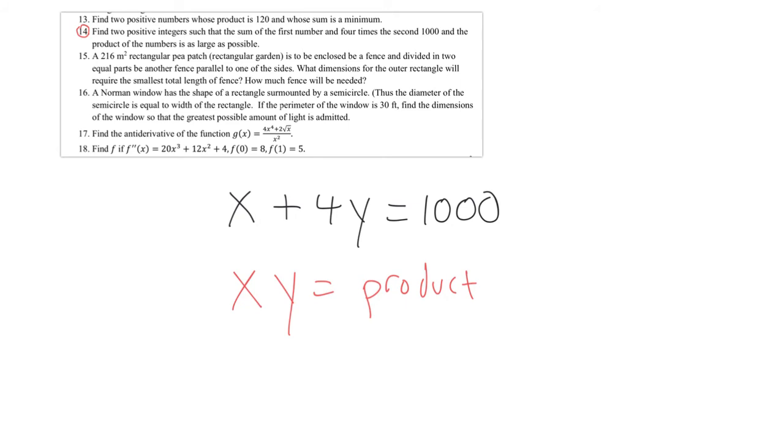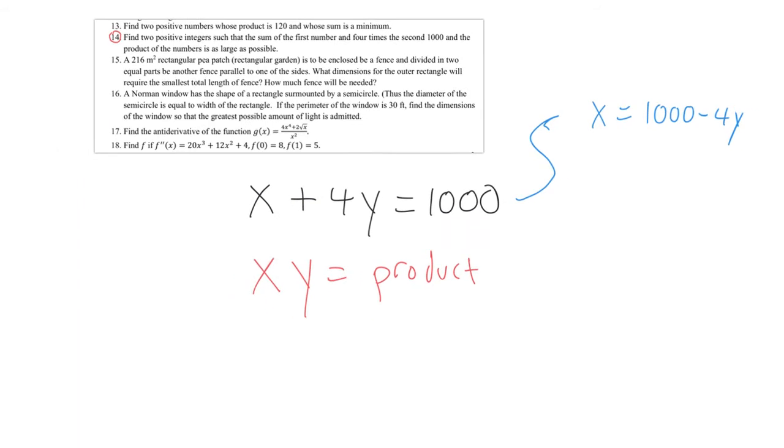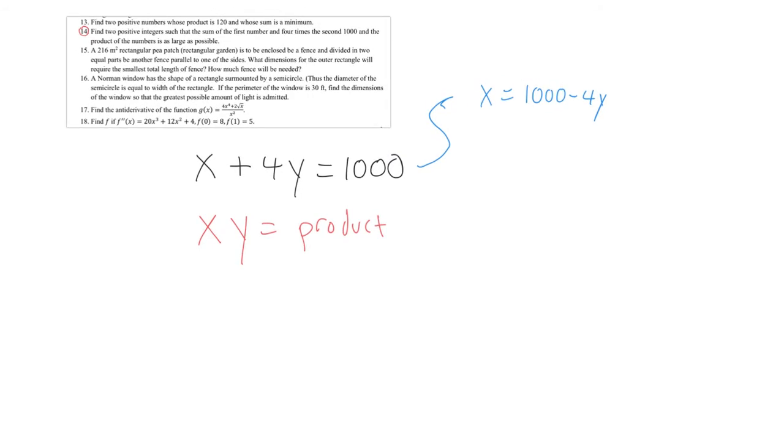It's going to be good to figure out what x is in terms of y. I think we would agree it's going to be 1000 minus 4y. Therefore, we could plug that in here. Instead of x, I'm going to write 1000 minus 4y, and that's going to be times y, and that's going to equal the product.